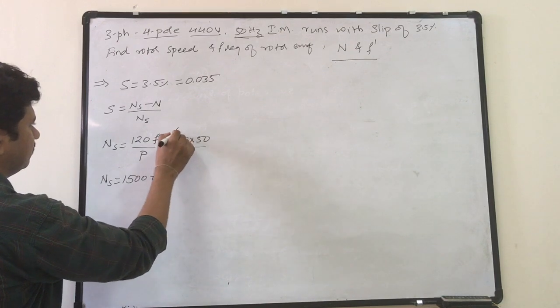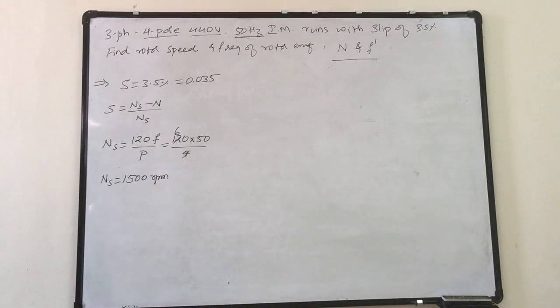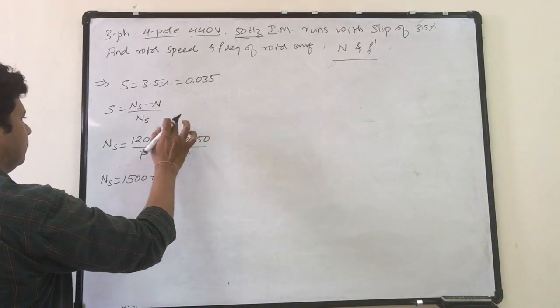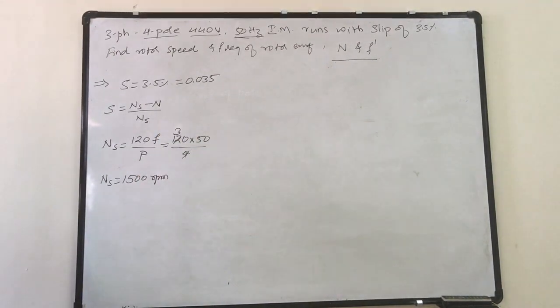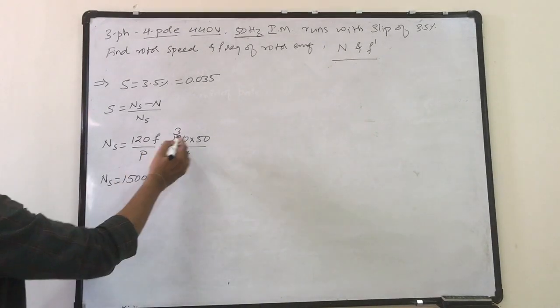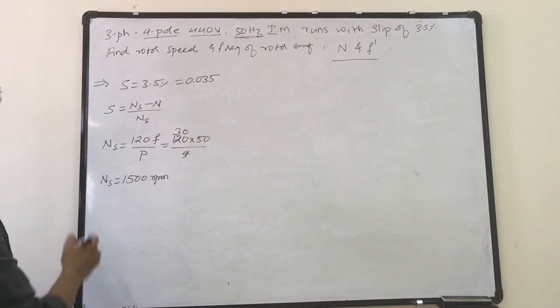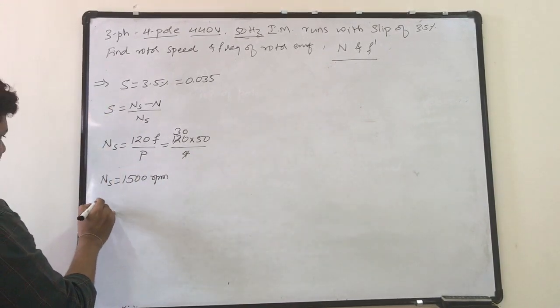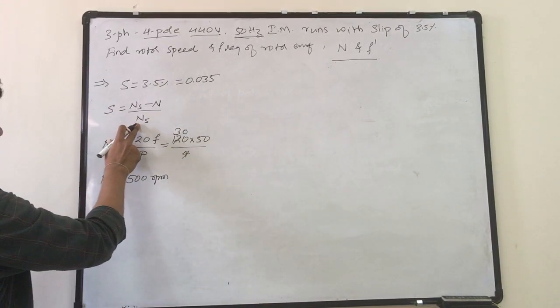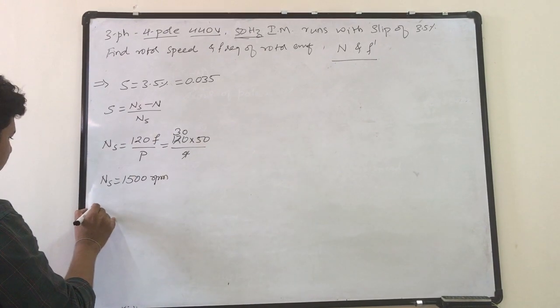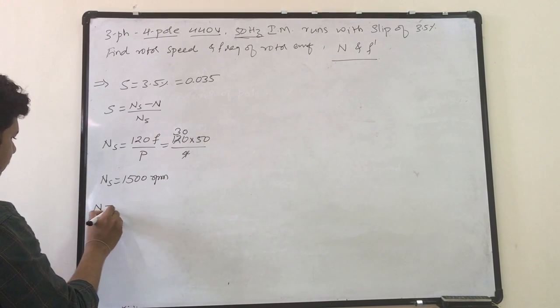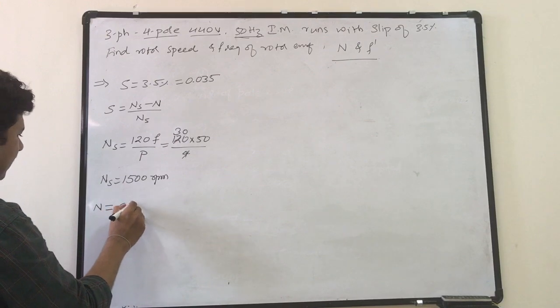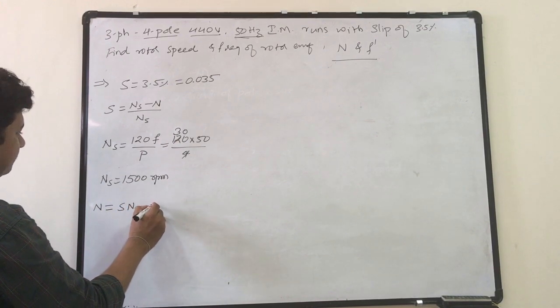Ns will be 1500 RPM. Now substitute here. We know S, we know Ns now.